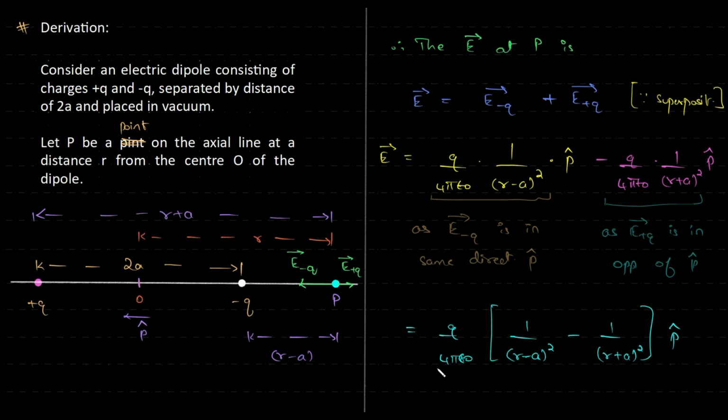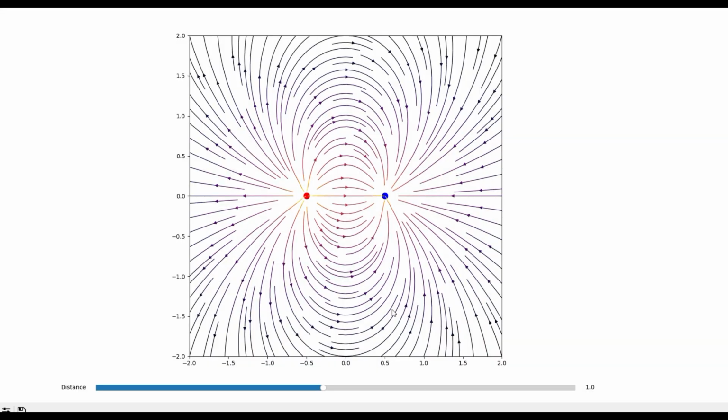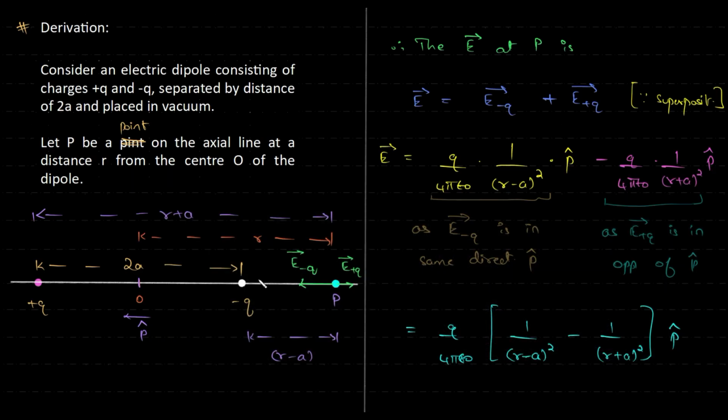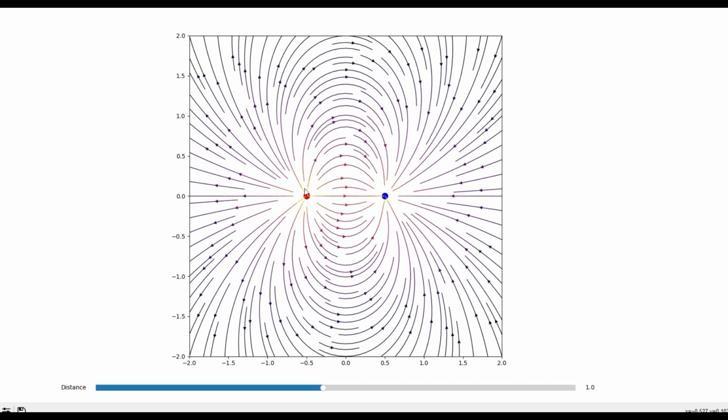Now, we are trying to understand what's happening over here. So what can we conclude? That the electrical field outside the dipole is pointing in the direction of the dipole moment. Right? You can see it over here also. This is the dipole. Within the space, we know what's happening. Outside the space, along the axial line, it will be in the direction of the dipole moment.